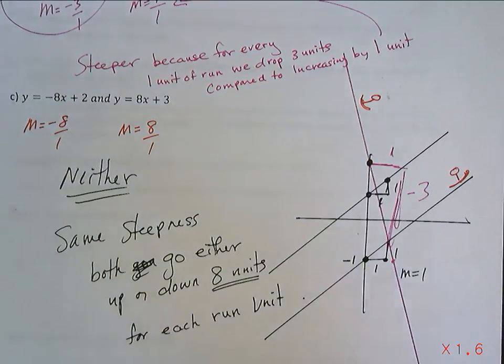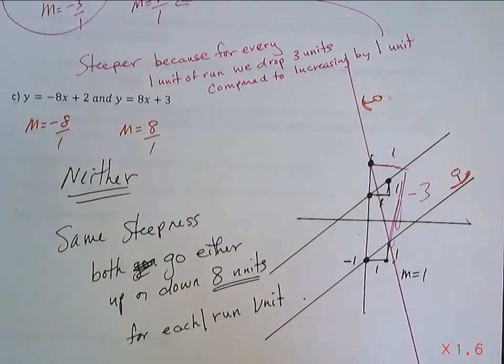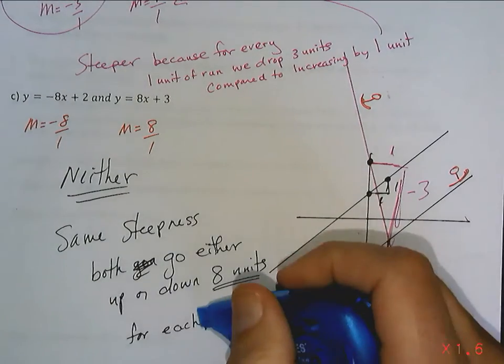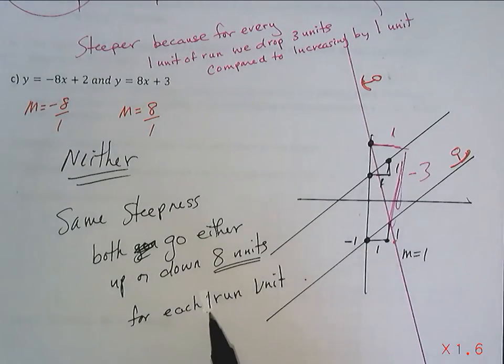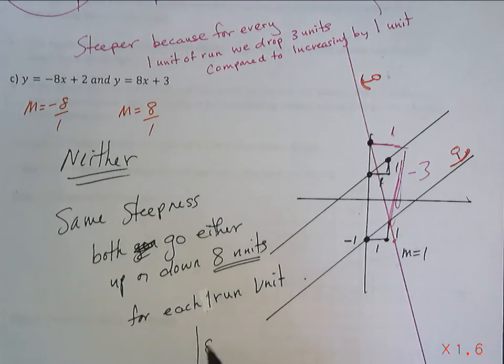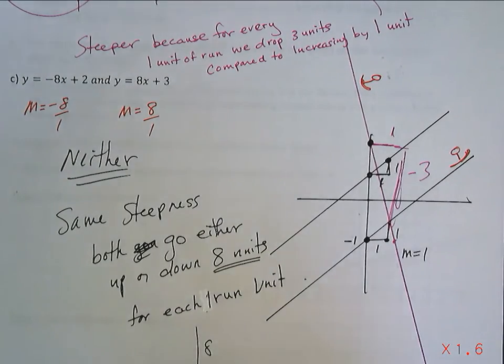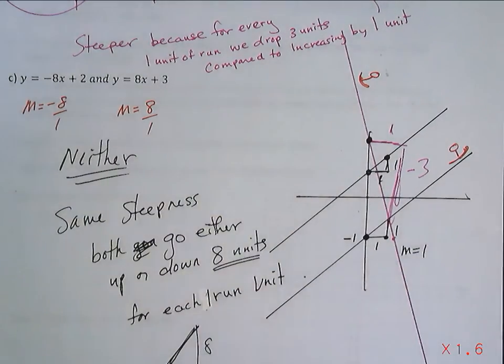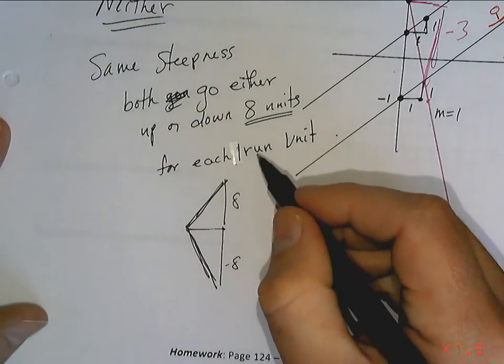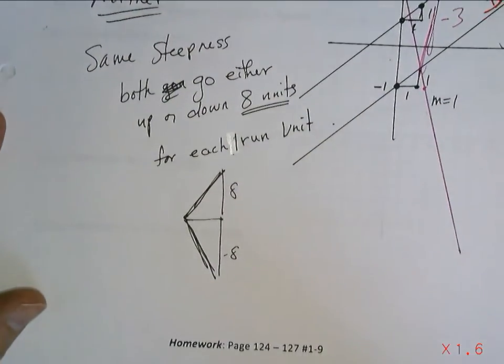So if I go over 1 in the run, that just doesn't look right. There you go. So if I go over 1 run unit, I either go up 8 or I go down 8. Either way, that steepness is the same. I either go up 8 or I go down 8. The steepness remains the same.